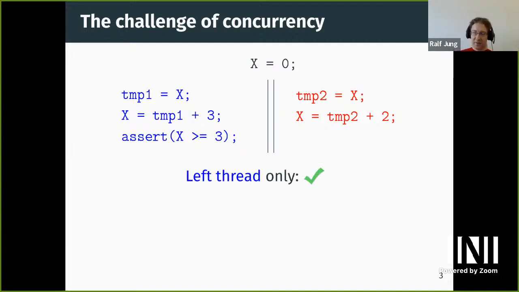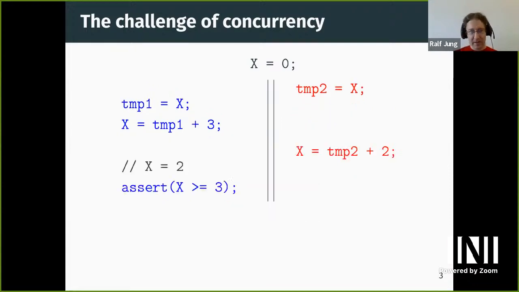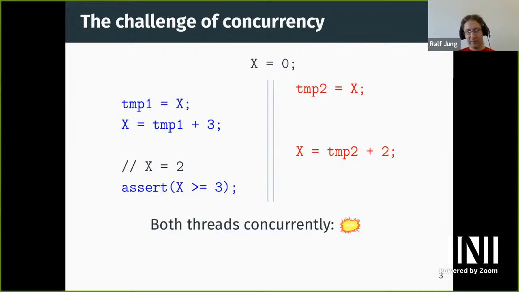However, if we actually run these programs concurrently, then we will very quickly notice that the assertion can indeed fail. What happens in that situation is that the instructions of these 2 threads are interleaved in some way, and if we are unlucky and catch this kind of interleaving, then the increment by 3 on the left is overwritten by the increment by 2 on the right, and we end up with 2 as the final value of x, and the assertion fails.